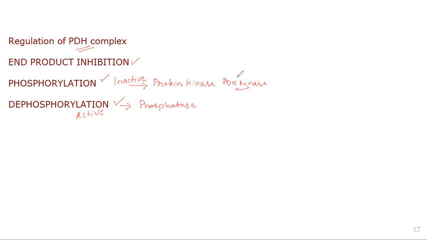PDH kinase is promoted by ATP, NADH, and acetyl CoA. When ATP is present in large amount, it causes the activation of protein kinase, which causes the phosphorylation of PDH.